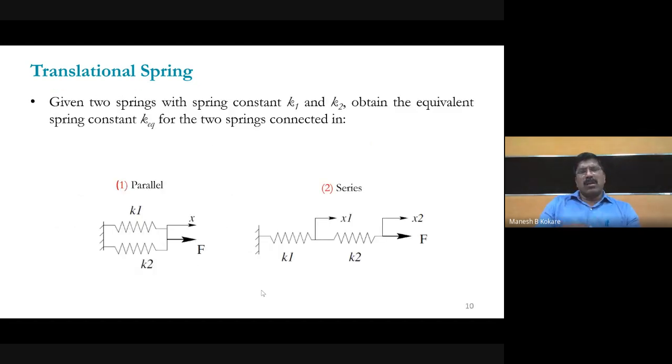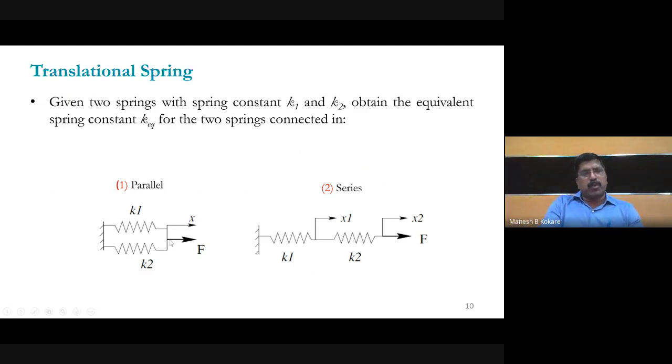Now, suppose there is more than one spring in the system. You might have seen in railways that there are two springs connected and so on. Sometimes springs may be connected in series, or some springs may be connected in parallel. So how much will be the displacement?